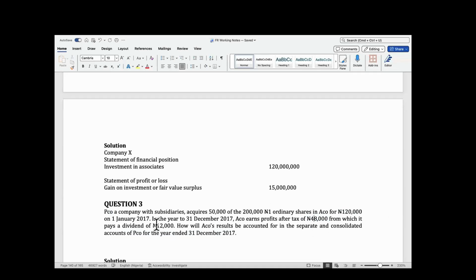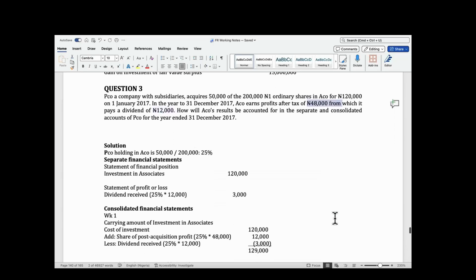And he will then remove dividend received, which is 25% of 12,000, just so that he removes any intra-group transactions, because that dividend is recognized in the separate account, not in the consolidated account. And in the consolidated profit or loss, all you recognize there is just a share of profits.